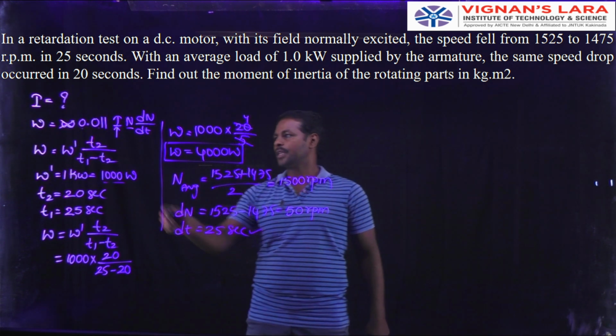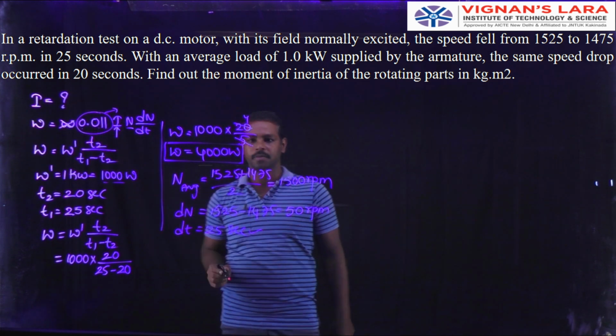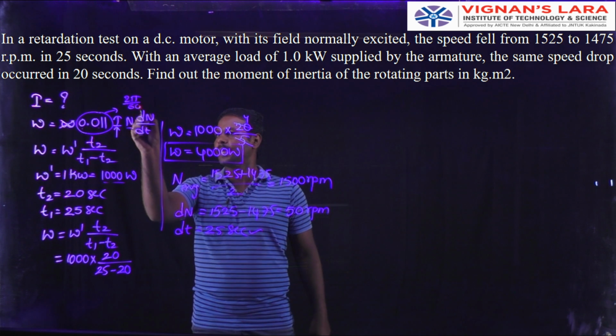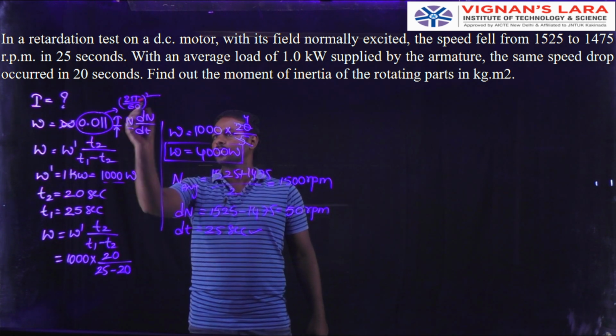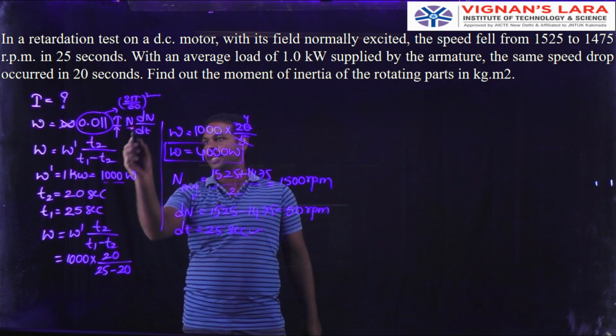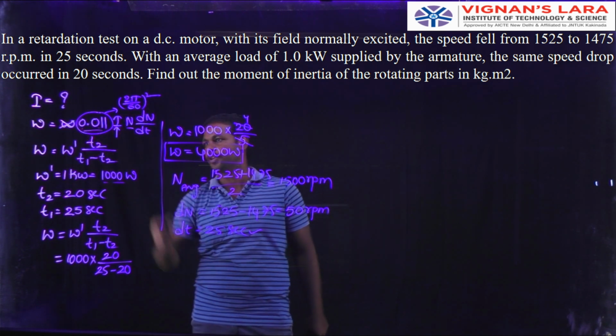By substituting all these parameters, 0.011 is equal to 2 pi by 60 whole square. So stray losses W is equal to 2 pi by 60 whole square into I into N into dN by dt.